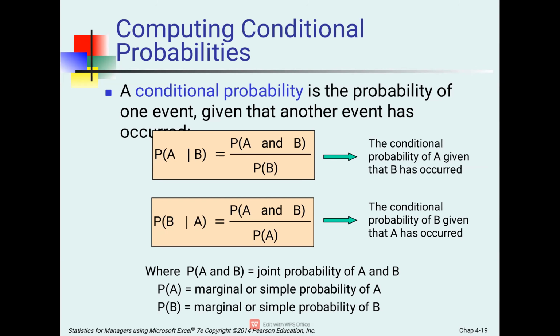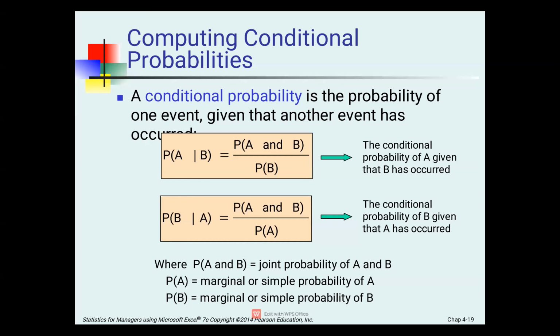So I was saying, conditional probability is the probability of one event occurring, given that another event has occurred. Given the conditional probability of A given B, you read this as the conditional probability of A occurring given that B has already occurred.